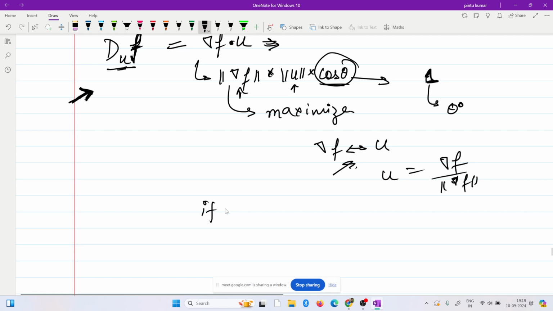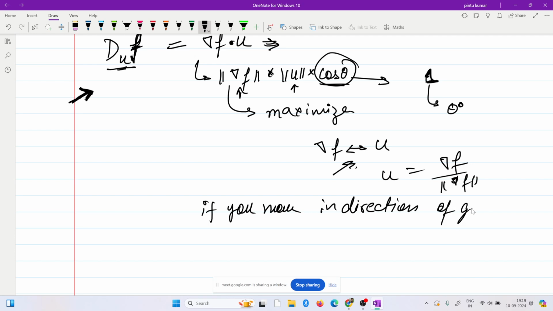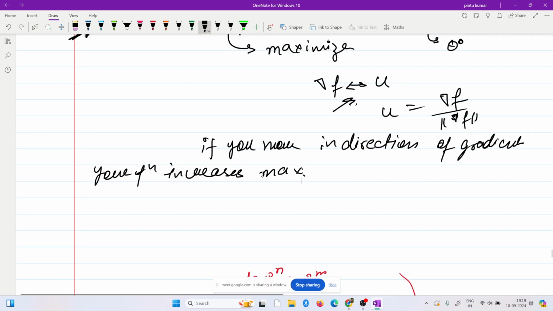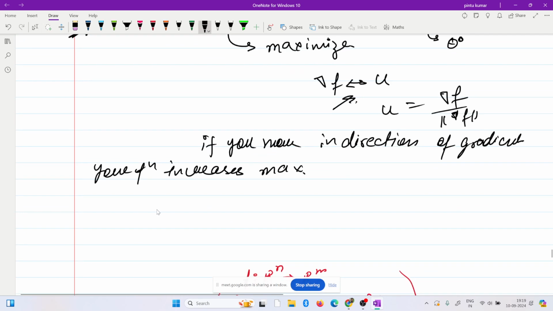So if you move in the direction of gradient, your function increases maximum. And if you are looking for a direction in which your function should decrease maximum, that is nothing but the negative of your gradient.